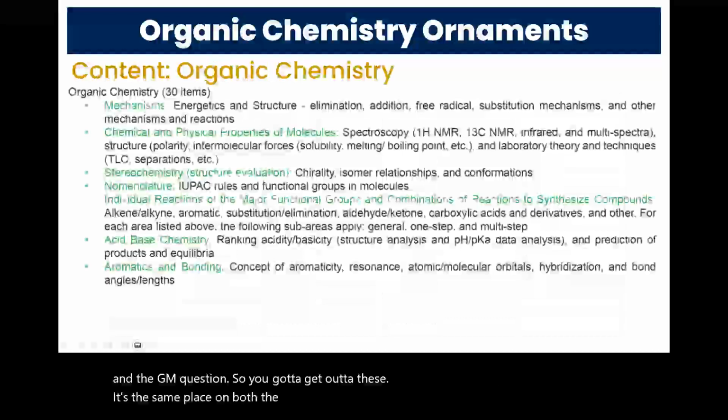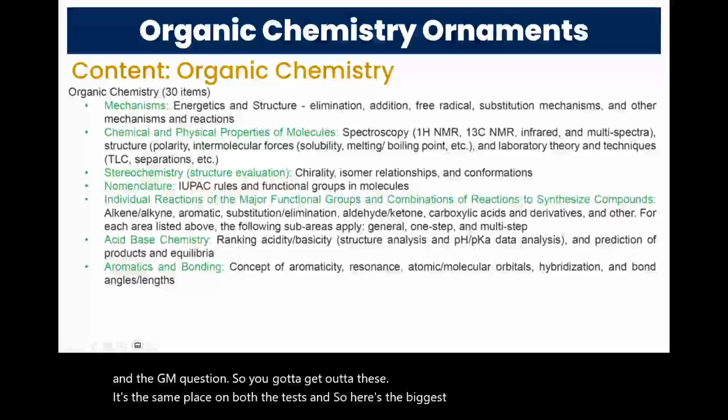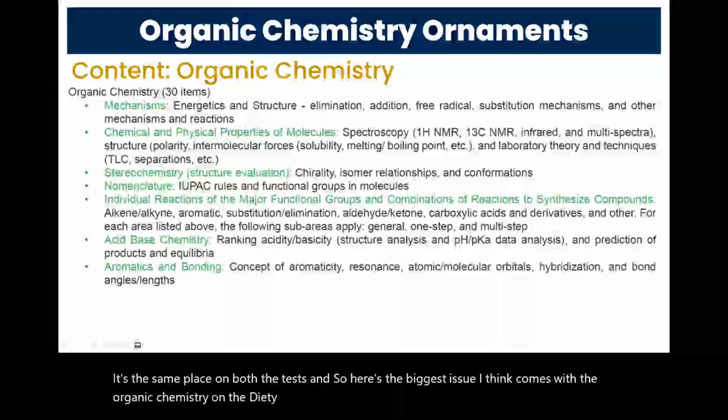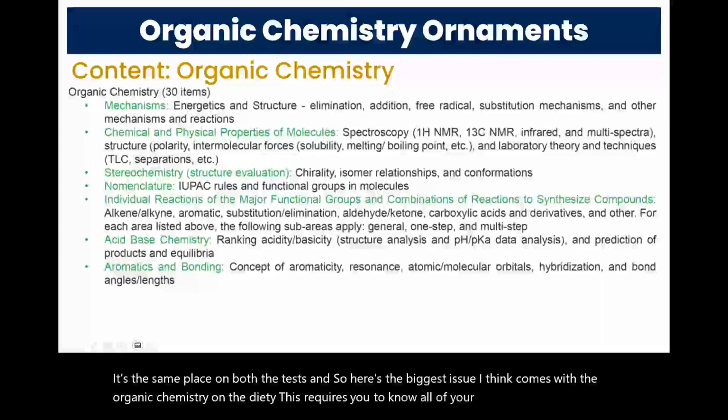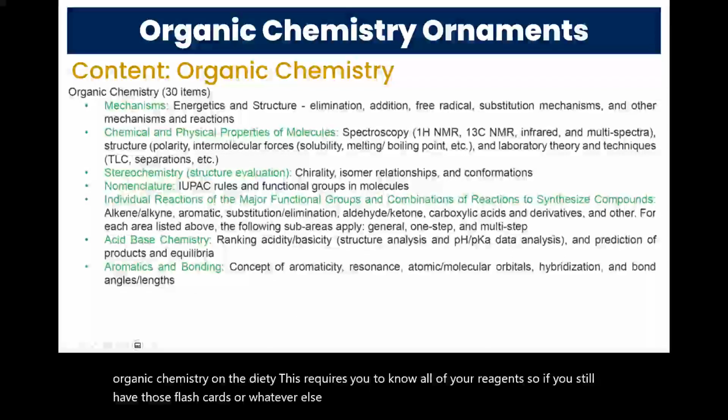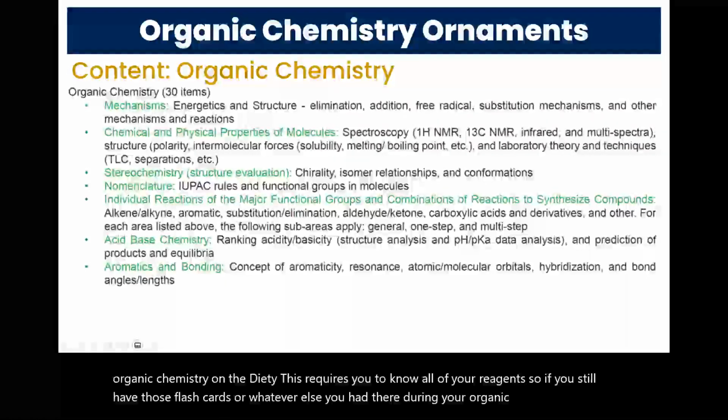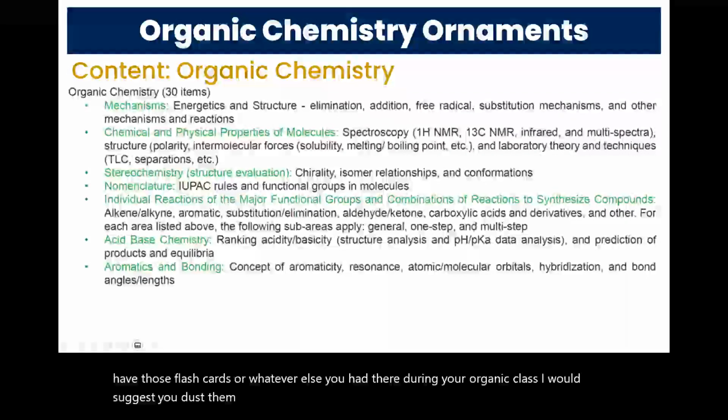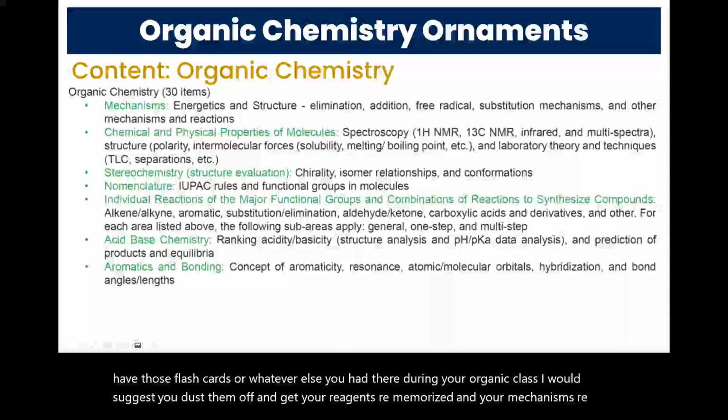And so here's the biggest issue I think comes with the organic chemistry on the DAT. This requires you to know all of your reagents. So if you still have those flashcards or whatever else you had during your organic class, I would suggest you dust them off and get your reagents rememorized and your mechanisms rememorized, because it is necessary.